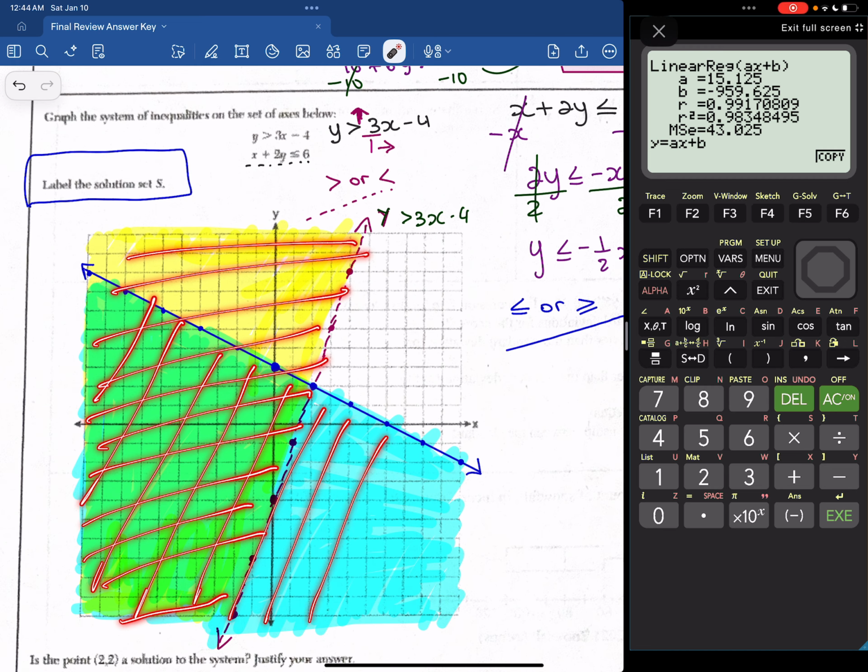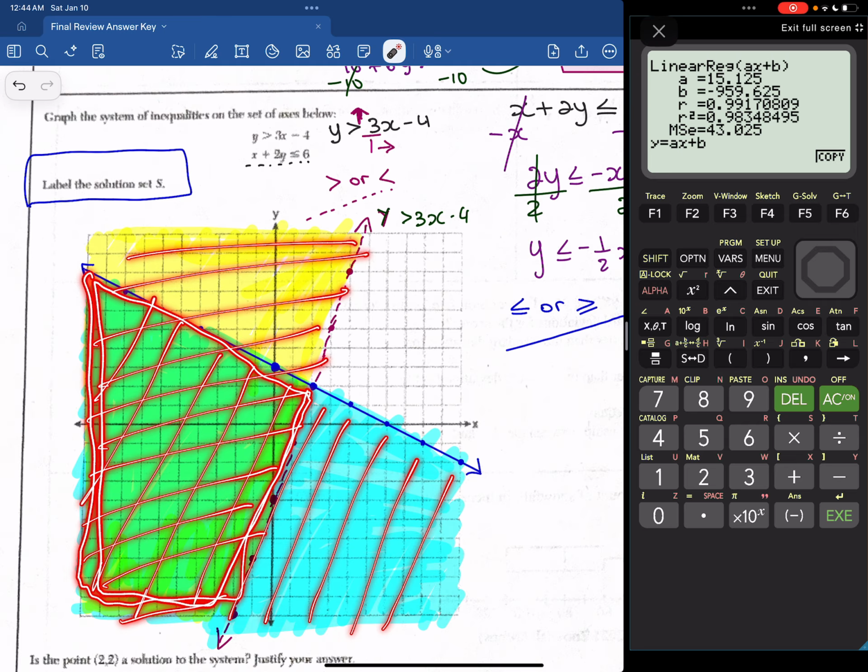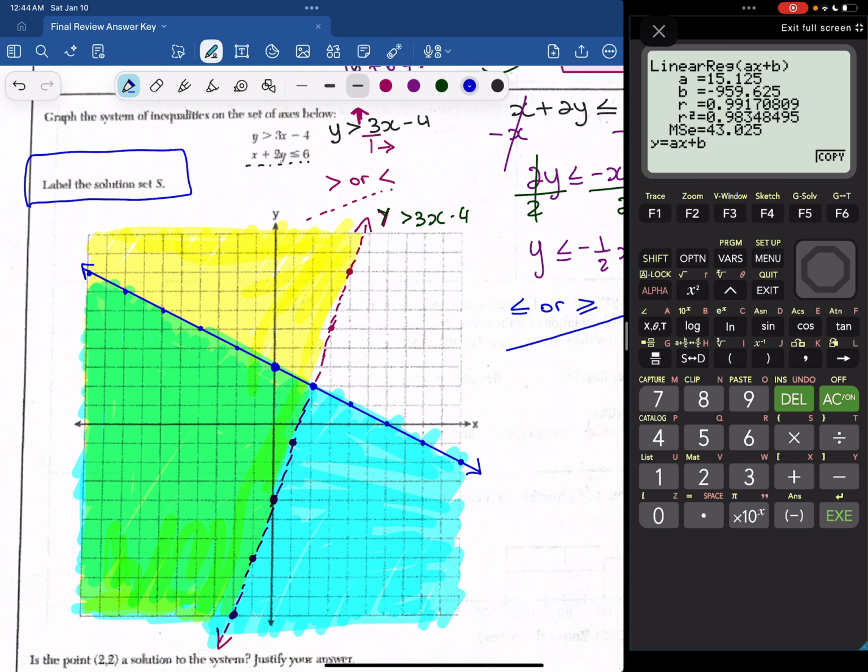So this portion of our graph right here got shaded twice. This is our double shaded region. So we would draw our S representing our solution set in this region, just like that. So I'm going to put a big giant S right here, and this represents that our solution set is in this region.